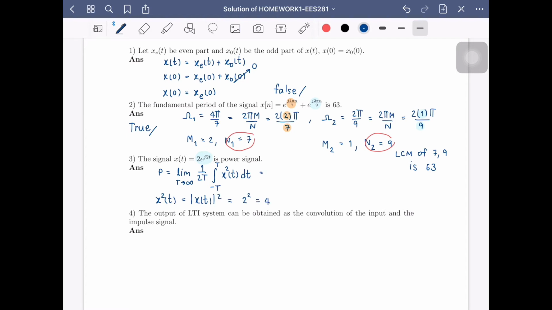Then we get the limit as T goes to infinity of 1 over 2T and the integral from minus T to T of 4 dt.